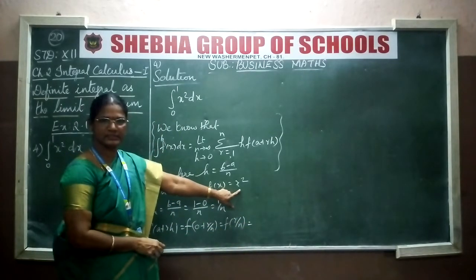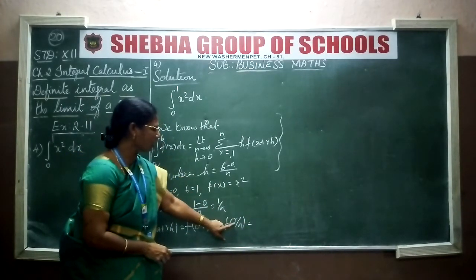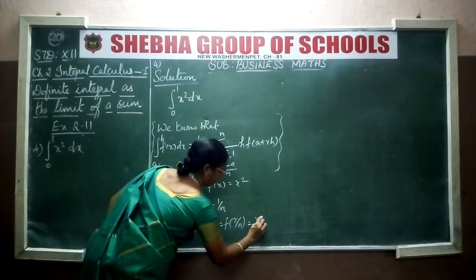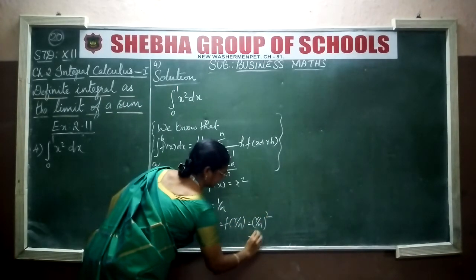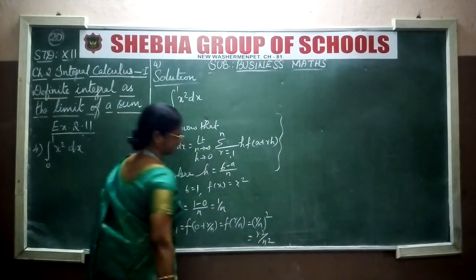So we get f of r by n, that's equal to what? Here f of x is x square, so we assume r by n is x. We get r by n the whole square. That is what? R square by n square, isn't it?